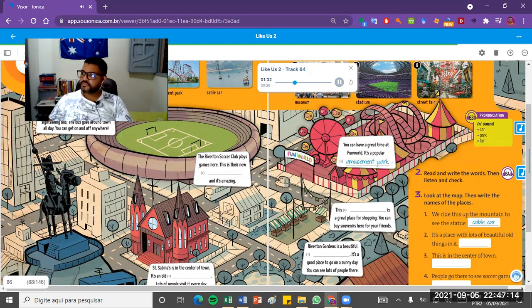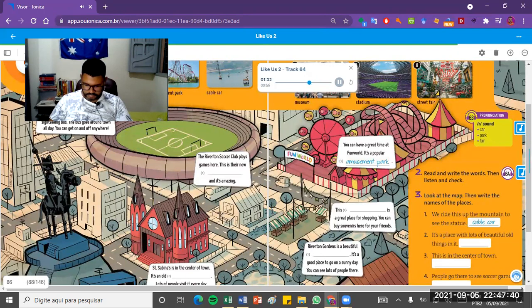This is their new stadium and it's amazing. St. Sabina's is in the center of town. It's an old cathedral. Lots of people visit it every day. The mountain ride is a cable car. It goes above the city all the way up to the statue of George Washington on top of the mountain.